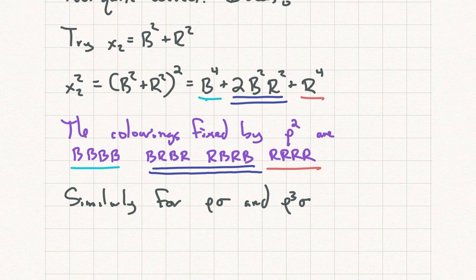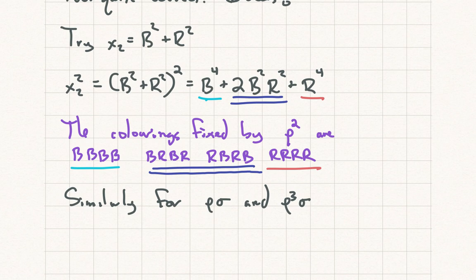If we multiply that out, we get b to the 4, r to the 4, and 2b squared r squared. And these are indeed colorings fixed by the rotation by 180 degrees. All blue, all red, and 2 of them, which are 2 red and 2 blue. In fact, these guys here.